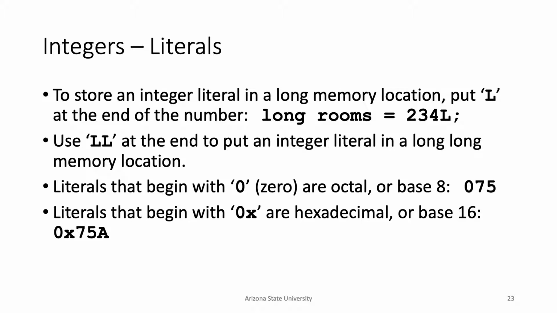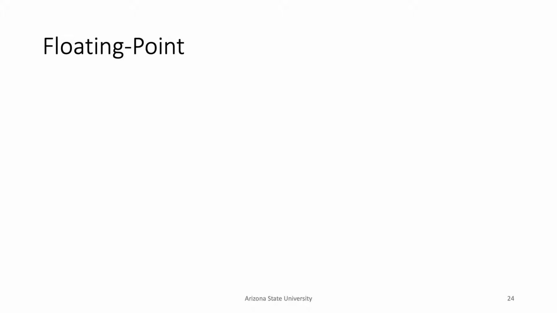Okay, well, if we're not going to be dealing with just integers, what might you want to have? If you want to have some fractional part of the number, are integers a good way to do that? No, so you want something else. You want something that's called floating point, okay? Floating point is just an extension of the integers to where you can hold a decimal part as well.